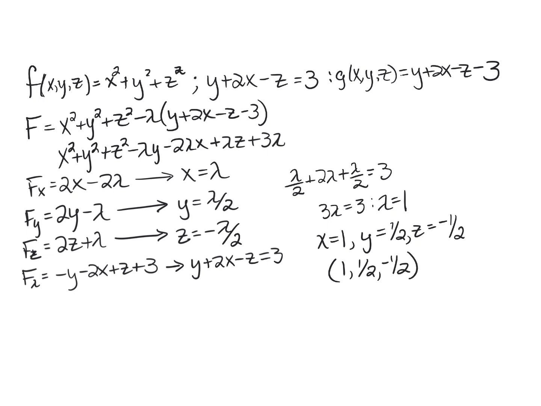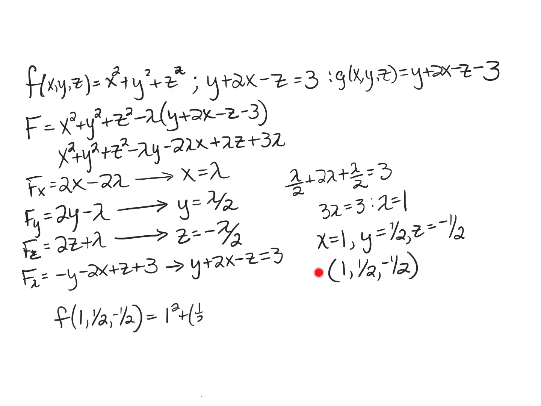Now I need to plug that into my original function to get the value of my f of x, y, z, which, look at this, this is just the sum of a bunch of squares with this constraint. So this is only ever going to increase.